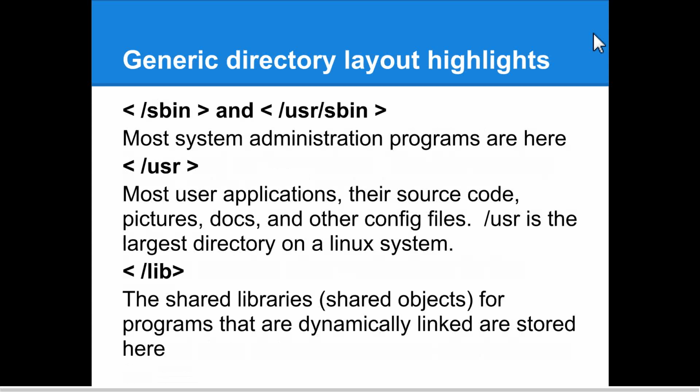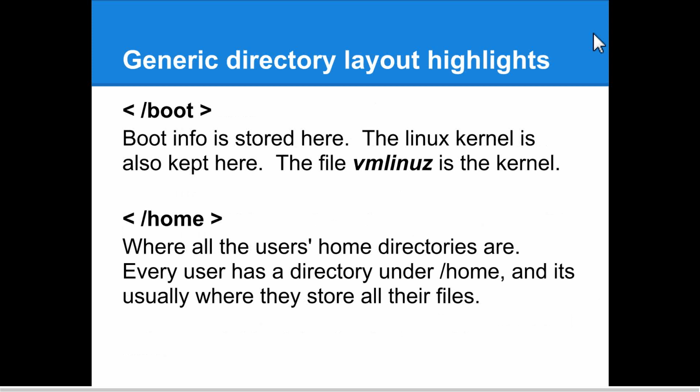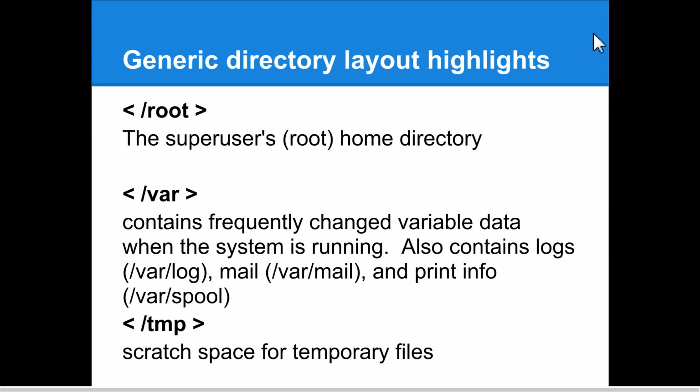That's where the binaries are for these applications in the user directory. /lib is where all the shared libraries are. Shared objects are used for programs that are dynamically linked at runtime, and those libraries are stored here. /boot has all the boot info and also the Linux kernel, and /home is where all the users' home directories are. Every user has a directory under home except for root. Root's home directory is typically /root.